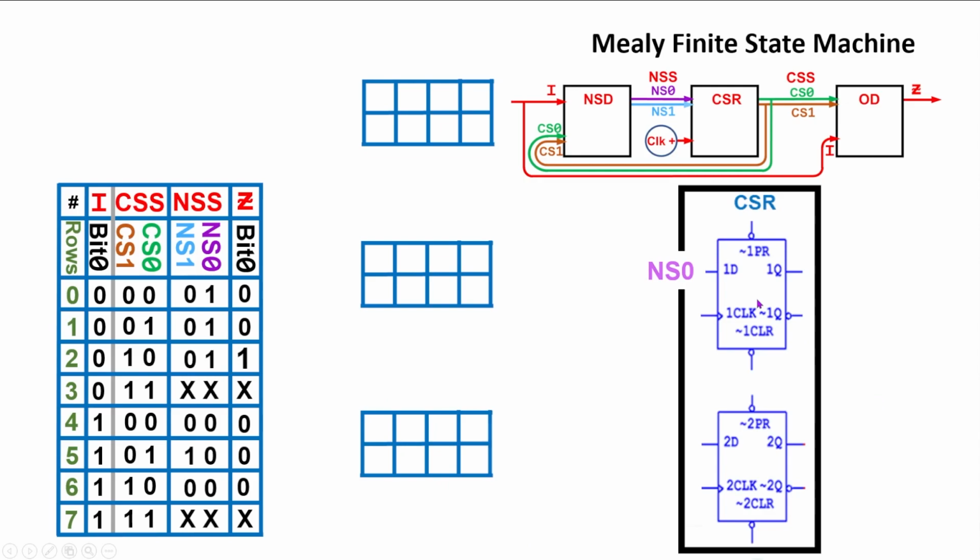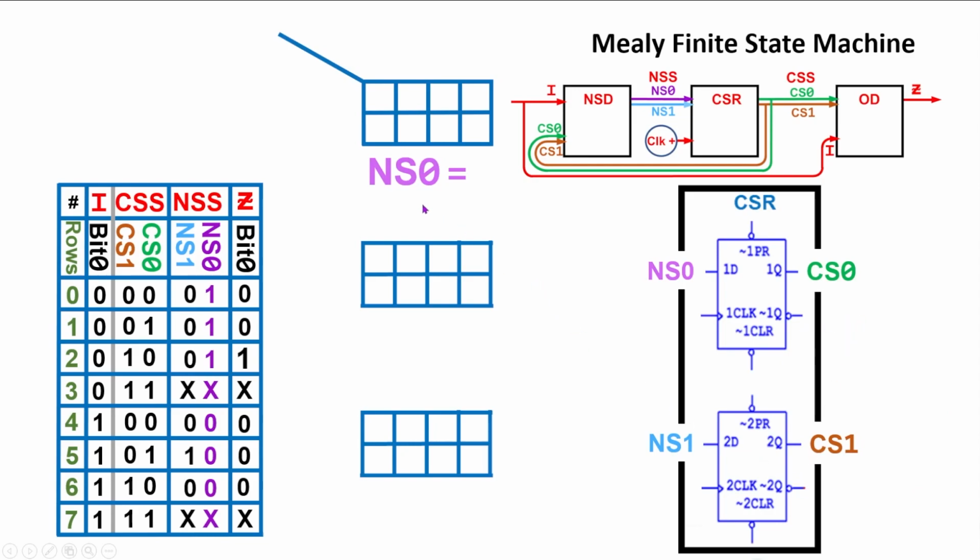On the current state register, we have NS0 and NS1. Those are what's going to feed the first and second flip-flop inside the CSR. And out of that comes CS0 and CS1. And of course, down below will be not CS0 and not CS1, and we'll talk about those.